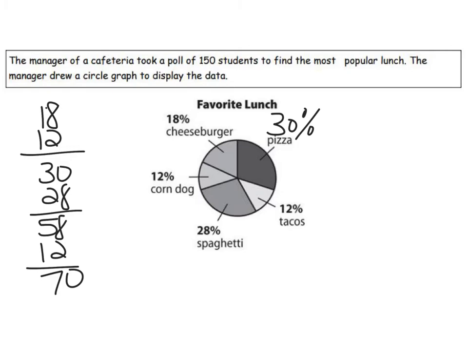So that means the 150 will actually change to another number and you have to predict how much that would be. So basically we're doing kind of the same thing we did with bar graphs, but now we're going backwards. Now we're going to find the numbers when with bar graphs we were finding the percents. So let's go ahead and work on the problems.